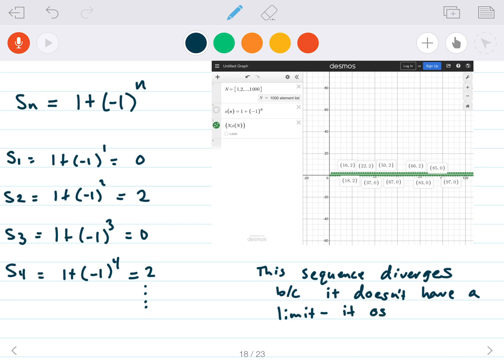It oscillates between 0 and 2 forever. Okay, so this thing is going to diverge.